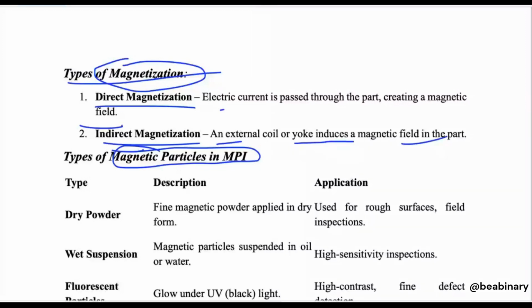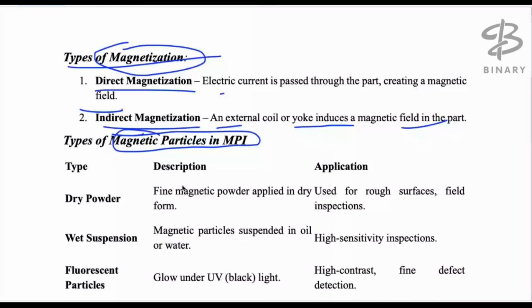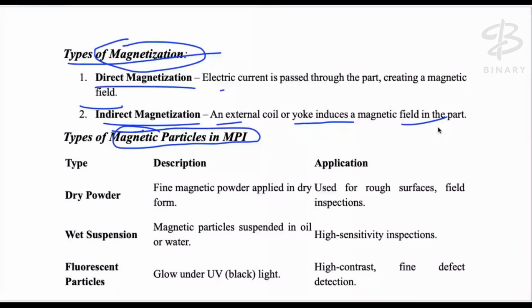So there are two kinds of magnetization. The first one is direct magnetization, and the second one is indirect magnetization. For direct, we use an electric current. For indirect, we use an external coil or yoke to induce a magnetic field in the part. With the help of electricity we can induce a magnetic field, and sometimes we have external coils or yokes that induce it.